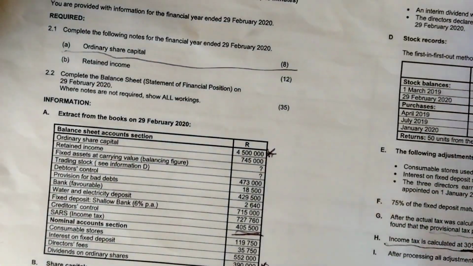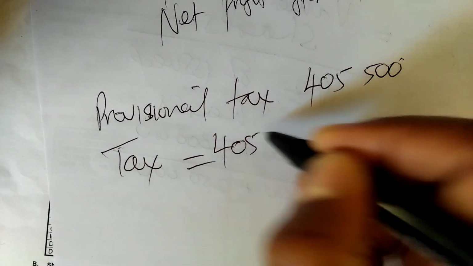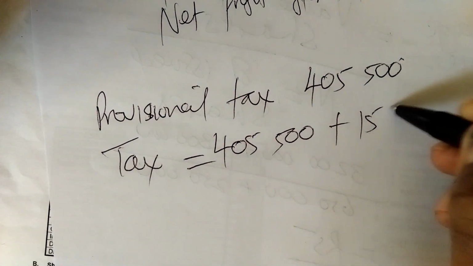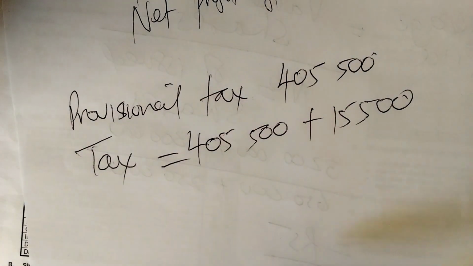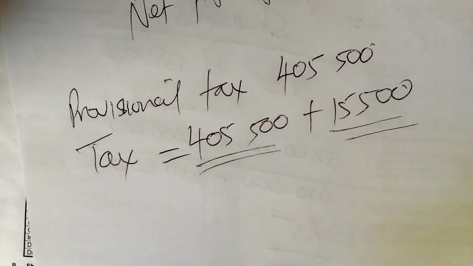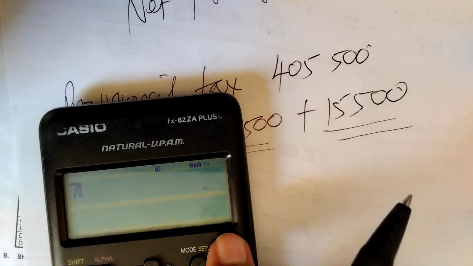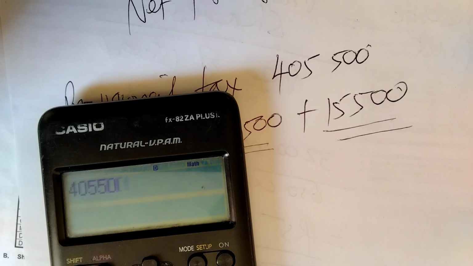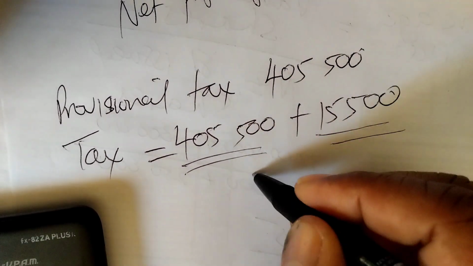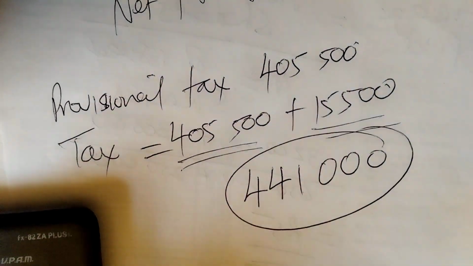So for us to know the tax liability, the tax that we're supposed to pay is going to be 405,500 plus the 35,500, because you are told that after paying your provisional tax of 405, you still owed SARS 35,500, meaning to say the correct amount of tax was supposed to be 405,500 plus 35,500, which means the correct amount of tax was supposed to be 441,000. So this is what you're going to do.